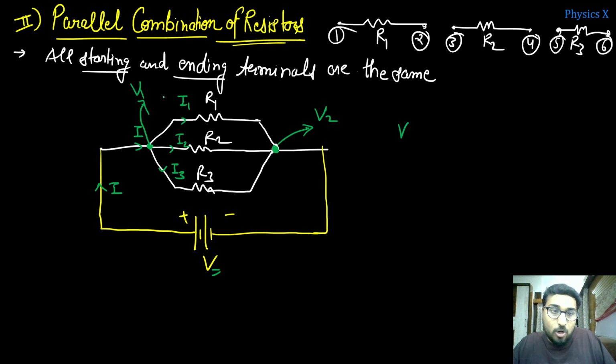If I take a voltmeter, there is a criterion for a voltmeter: it is connected in parallel, that is, across each resistor you tap in the voltmeter and check the readings. So you put the voltmeter across R1, across R2, and across R3 in the same way. You will see the same reading in all the cases, that is, V1 equals V2 equals V3, because the starting and ending points of all are the same.